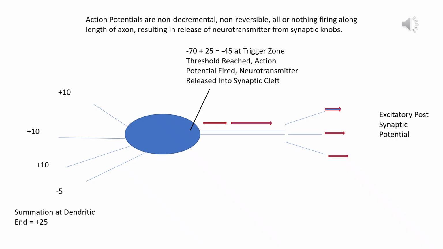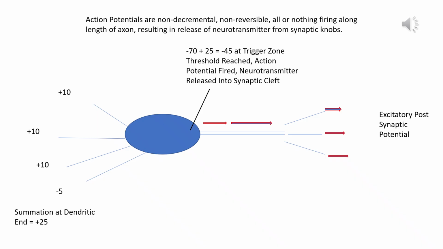We might lose some of our punch by the time we got to the trigger zone, but a plus 25 against minus 70 brings us to minus 45. Well, we needed a minus 55 to pull the trigger, so even if it does fade a little bit, it still should bring a threshold stimulus to the trigger.